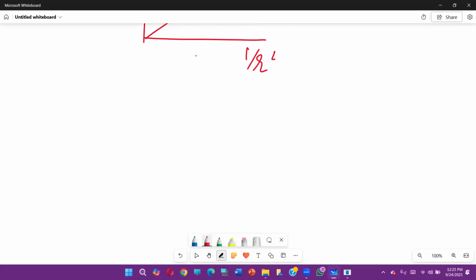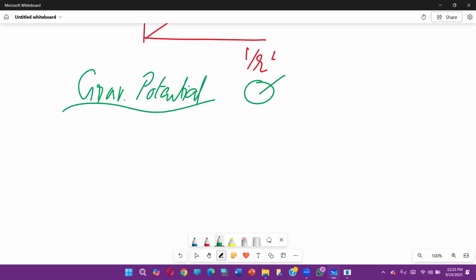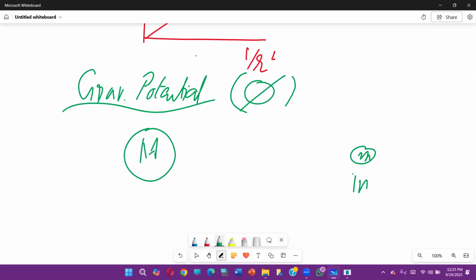Now comes another topic. This is a big, long chapter, and we have a title here, gravitational potential. One of the most important definitions comes in here. Can anyone tell the definition of gravitational potential?